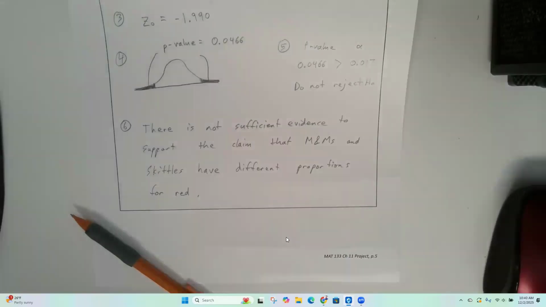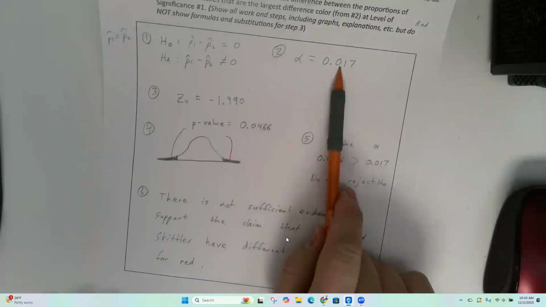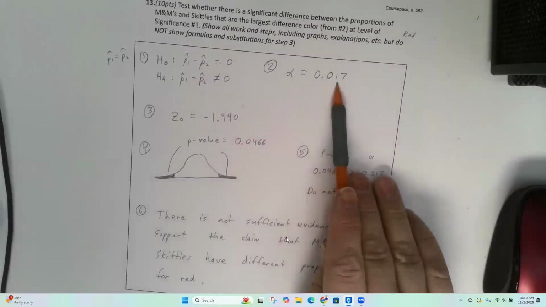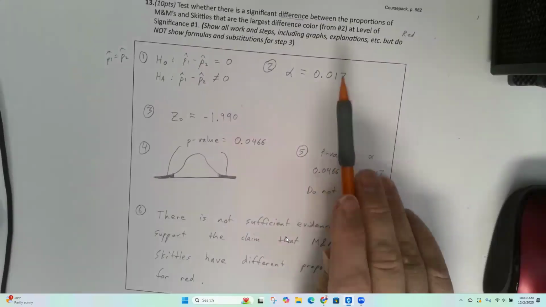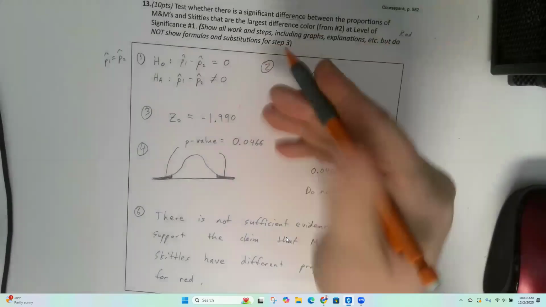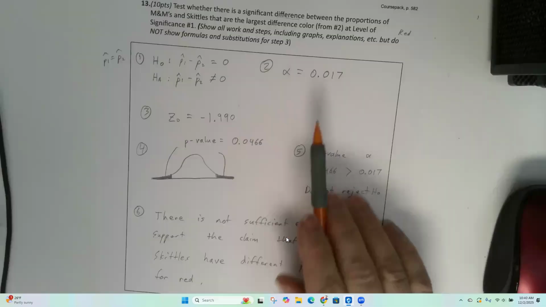So why did I change my mind? What happened? Well, the difference is in which alpha I'm using. Here, I'm looking at an alpha of 1.7%. That means I'm looking at a confidence level of 98.3%.